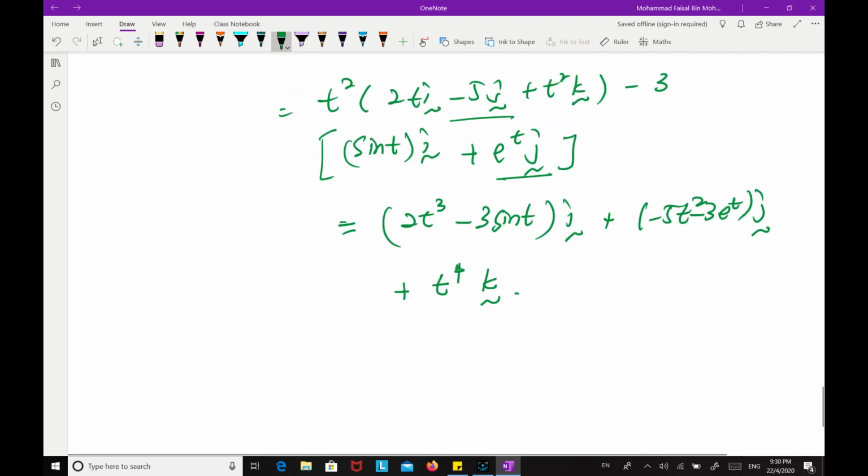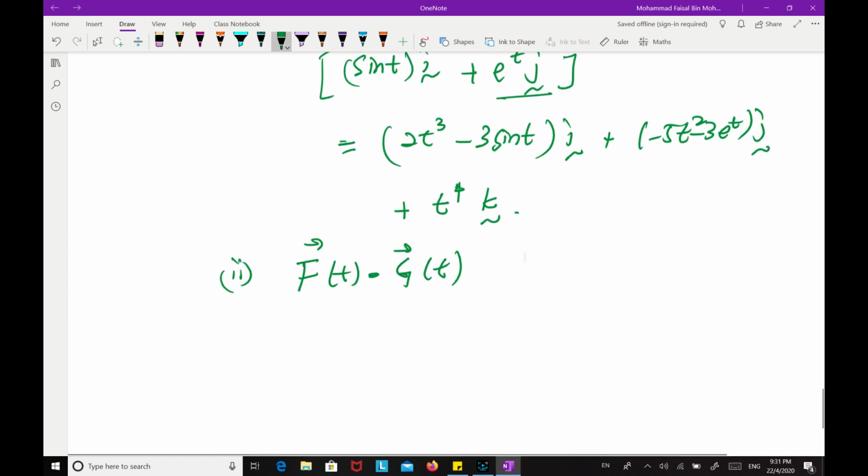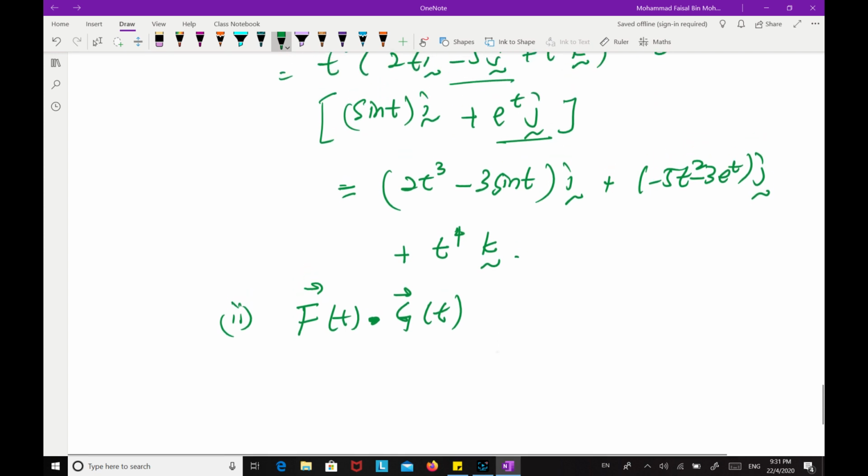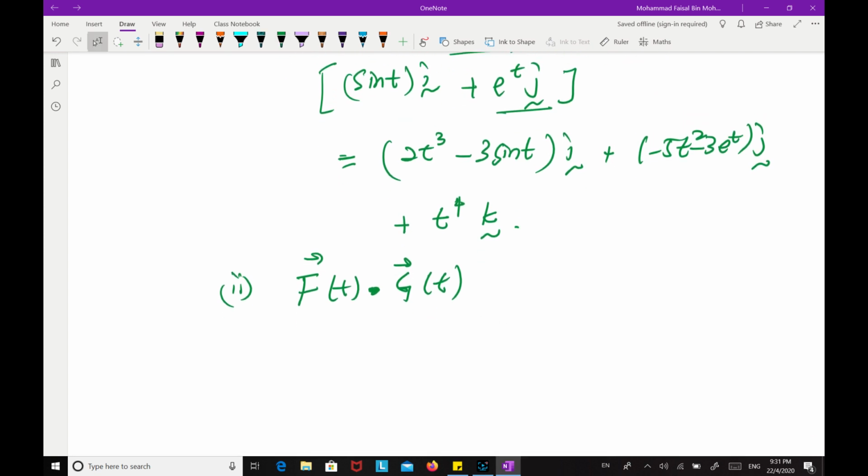Okay, so second one, they ask you to find f dot g. Dot means scalar, okay.